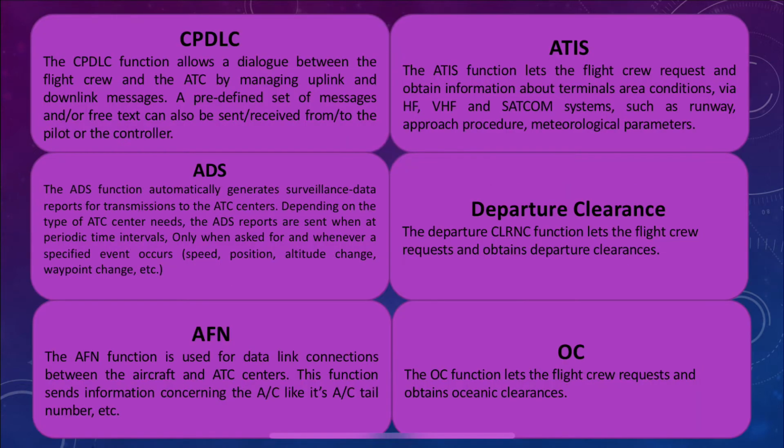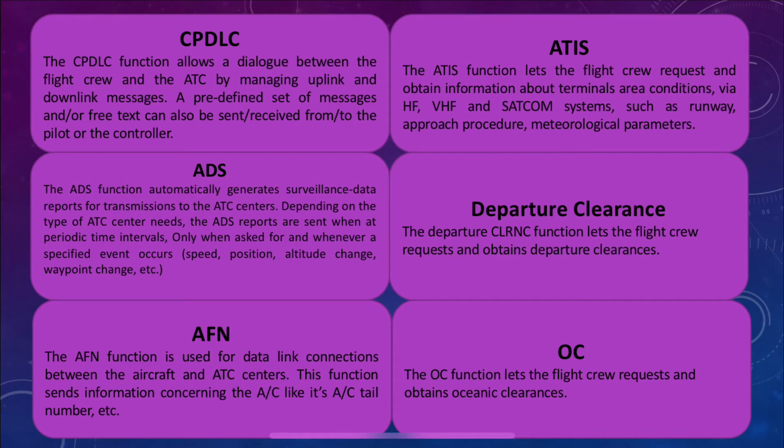Okay, next is the function of the 6 components. CPDLC. The CPDLC function allows a dialogue between the flight crew and the ATC by managing uplink and downlink messages. A predefined set of messages, and free text can also be sent or received from the pilot or the controller.